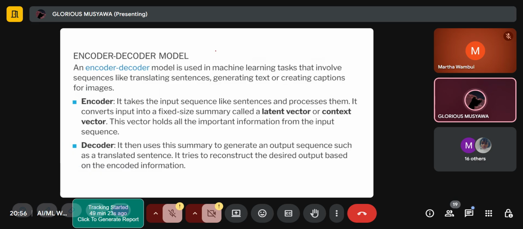It converts the input into a fixed-size summary called a latent vector or context vector. This vector holds all the important information from the input sequence. Then the decoder uses this summary to generate an output sequence, such as a translated sentence. It tries to reconstruct the desired output based on the encoded information. So the encoder is understanding, the decoder is generating something that makes sense.